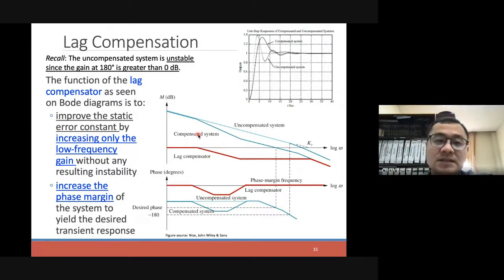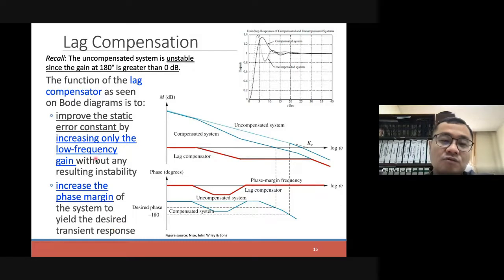So this is the pattern of the lag compensator. What the lag compensator does is that it improves the static error constant, as well as improves the transient response. That's why we would say somehow it is a parallel design.